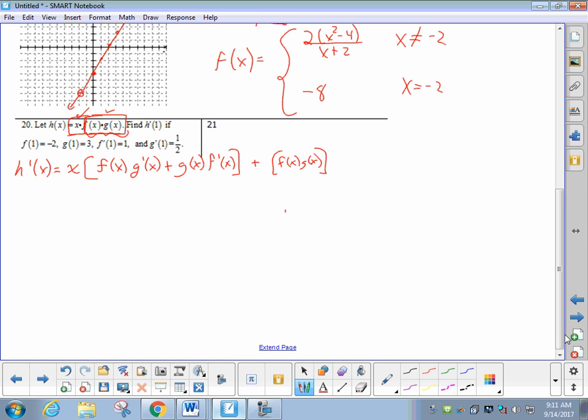Now we need to find h prime at 1. What's f of 1? Negative 2. What's g prime at 1? 1/2. G at 1. 3. F prime at 1. 1.